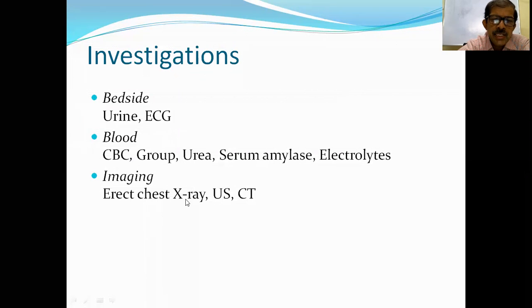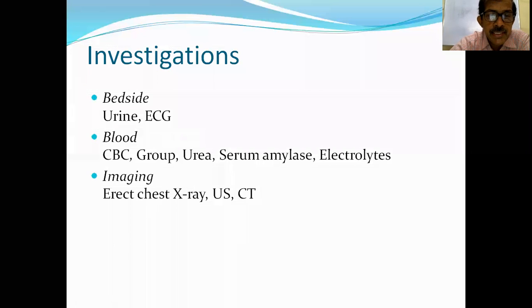And a simple chest X-ray will rule out perforation. It is not an abdominal X-ray, mind you. Chest X-ray is enough for perforation because for an erect abdomen X-ray, you need to ask the patient to stand erect, which he may not be able to do.